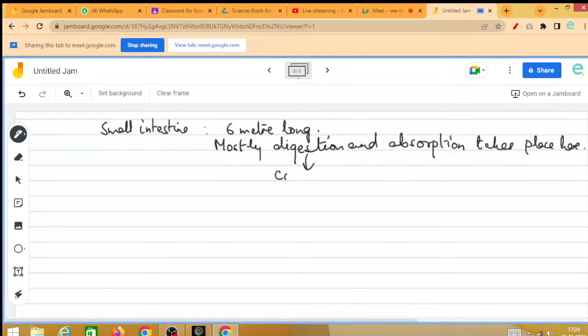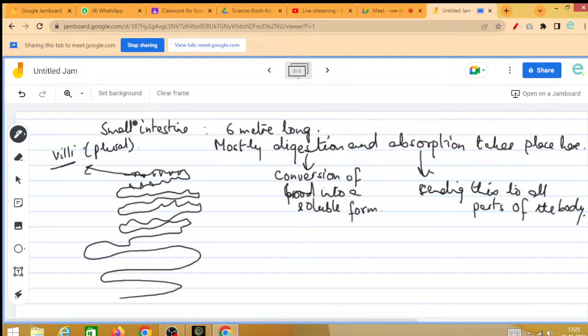So in the small intestine, so small intestines are 6 meters long. So I am just making this as a pipe, although this is like a pipe. Then there is the large intestine after that. So here it has small villi. What are they? We call them villi, V-I-L-L-I. Villi. This is plural. एक को बोलते हैं villus.